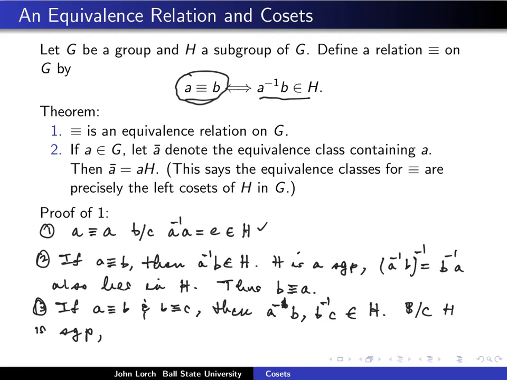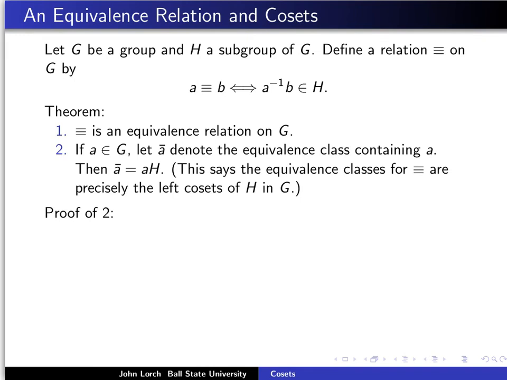And so when I multiply these together, A inverse B times B inverse C, I get A inverse C also lying in H. So A is equivalent to C. And that's the transitive property.